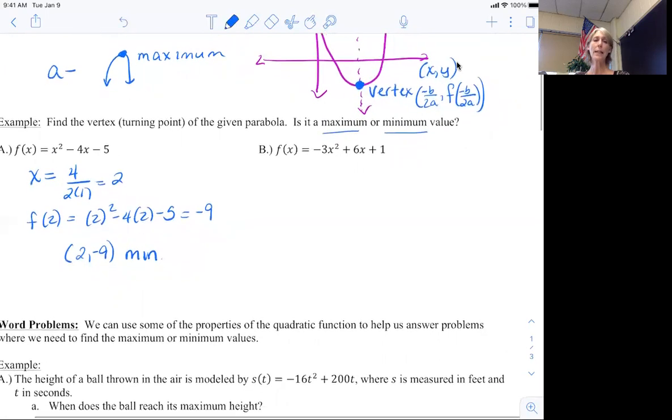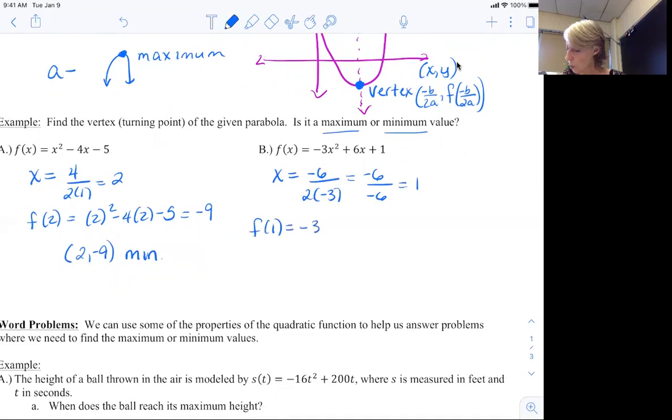In example B, f of x equals negative 3x squared plus 6x plus 1. My x value for my axis of symmetry, negative b over 2 times a. Negative 6 over negative 6 is 1. Plug 1 in to get your y value of your vertex.